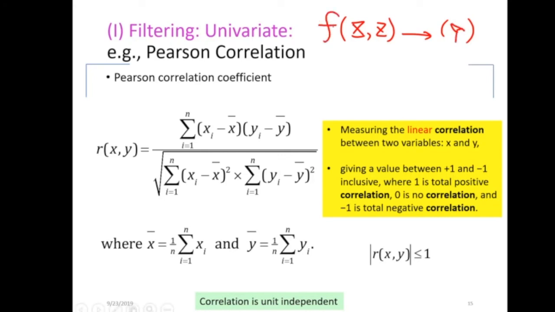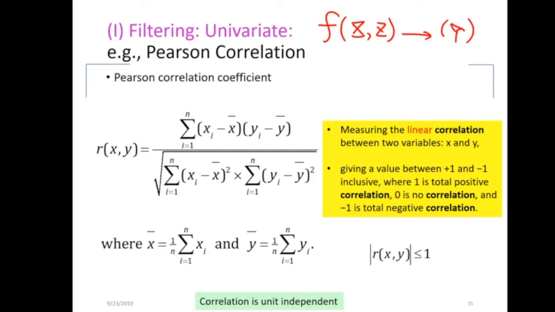Let's assume a very simple case. I have a function f, and I'm trying to predict y from a two-feature input space into the output space y. We treat the X feature and Z feature as random variables, and the Y output is also a random variable.